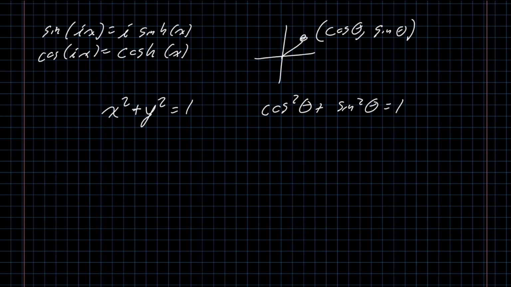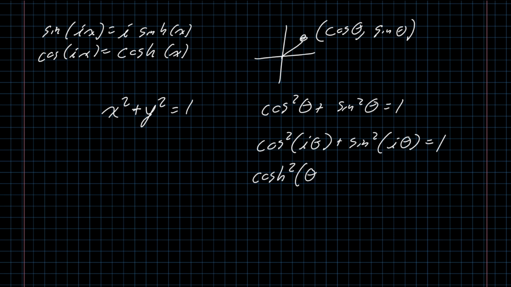What happens if we try to evaluate this at imaginary points, at an imaginary angle? Cosine squared of i theta plus sine squared of i theta should still be equal to 1. Cosine squared of i theta is cosh squared of theta. Sine squared of i theta would be i squared times hyperbolic sine squared of theta.